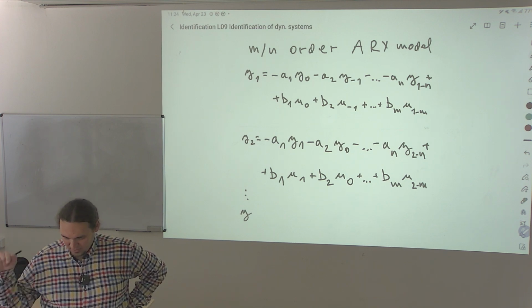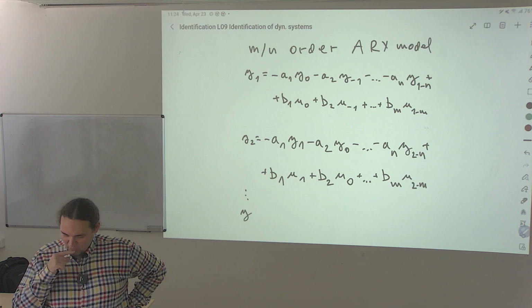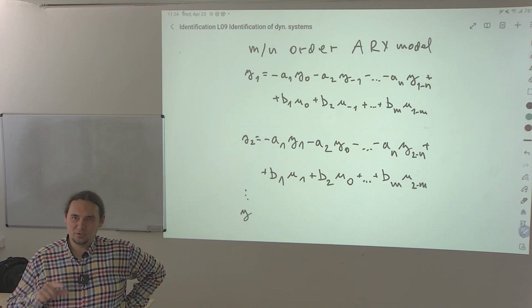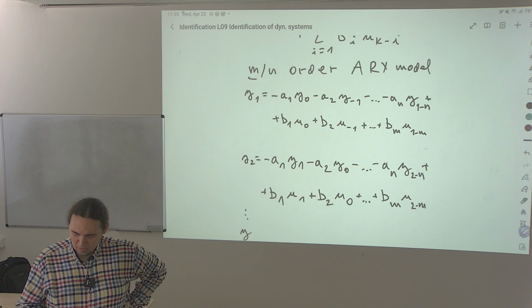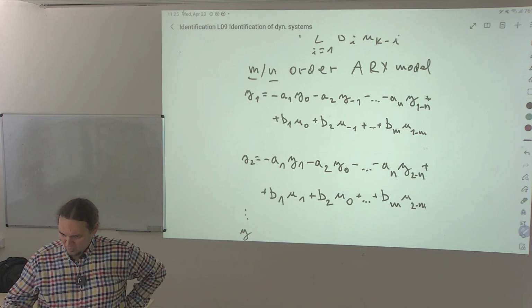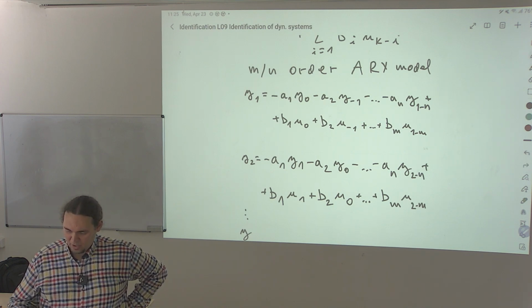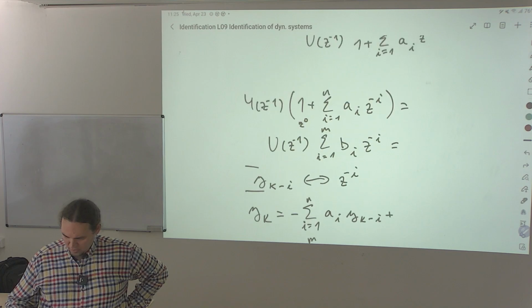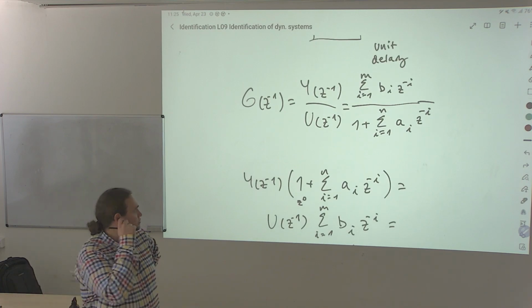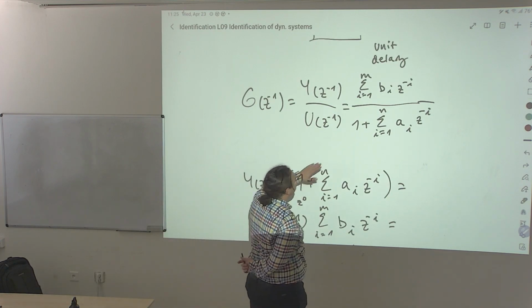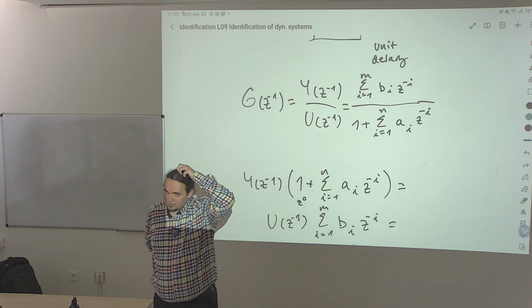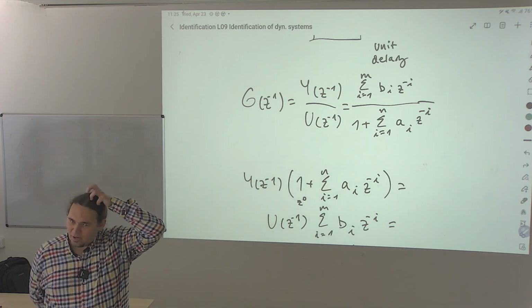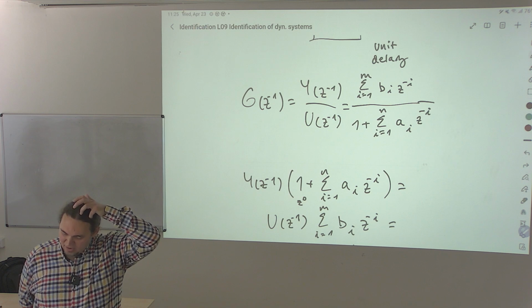Which data points do we run out of first, or in other words, what is greater, m or n? Which one is larger number? What you are used to, if you are dealing with it, is n larger. And N is larger.